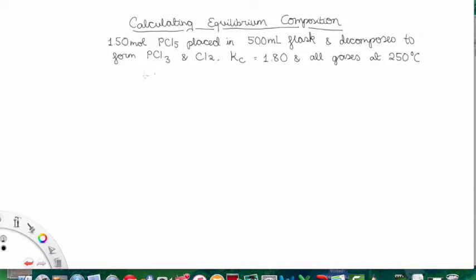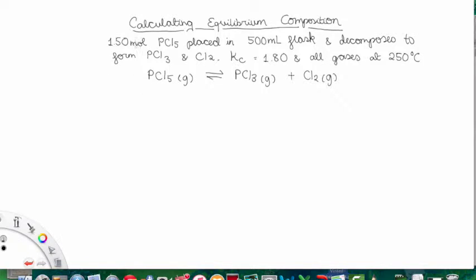So first of all, always write out the balanced equation. So you've seen this equation before because I did an example, but PCl5 decomposes to PCl3 and Cl2, and everything is a gas. Okay, so the initial molar concentration of PCl5 we can figure out, right?